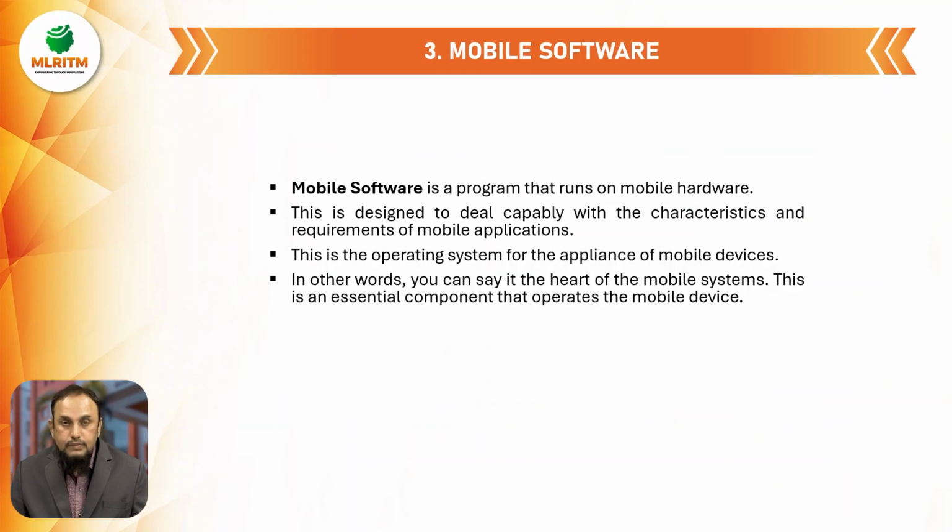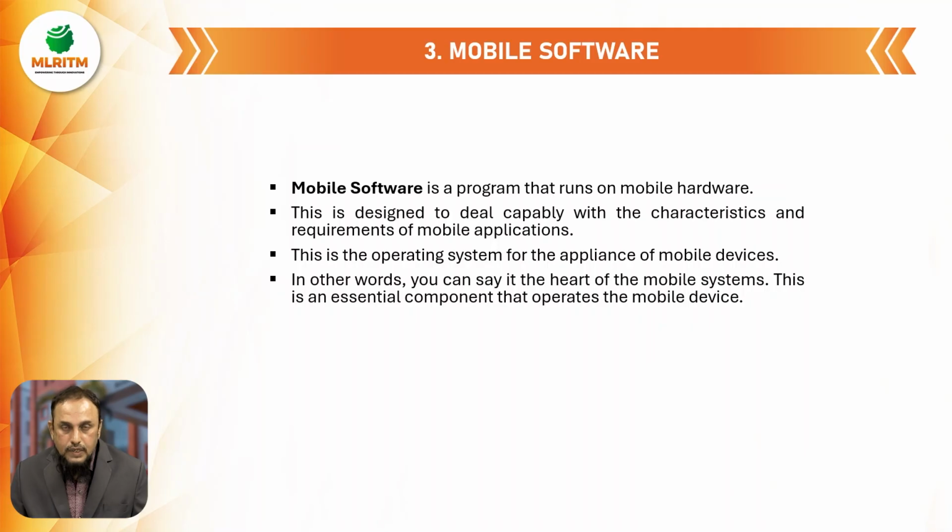Now we come to the third part, mobile software. Mobile software is the heart of mobile computing. Without the mobile software, we can't run the mobile hardware. Mobile software is nothing but the operating system of the mobile device. Take any phone, for example a Samsung phone. Samsung mobile phones use the Android operating system.